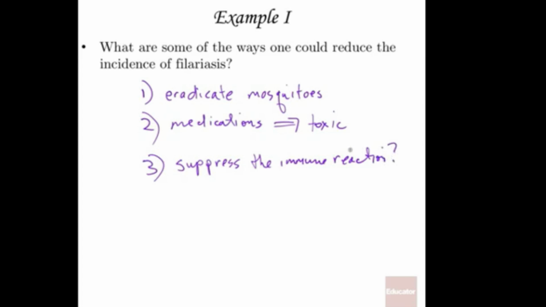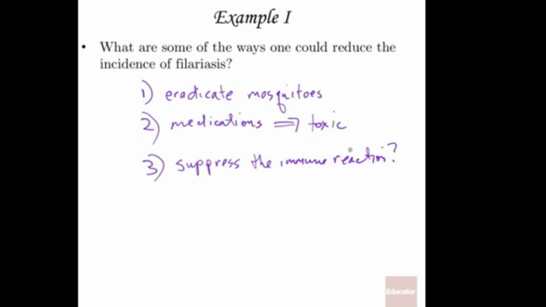And if we, for instance, suppress the immune reaction, then potentially the organism can turn into a kind of commensal relationship where the organisms can coexist. Now, I'm not sure many practitioners would actually suggest this, but as we have seen, it could be that the immune reaction is really what's causing the symptoms.